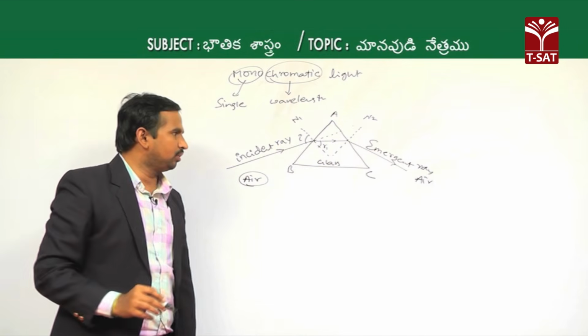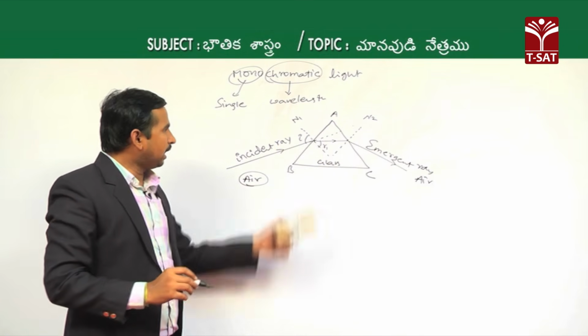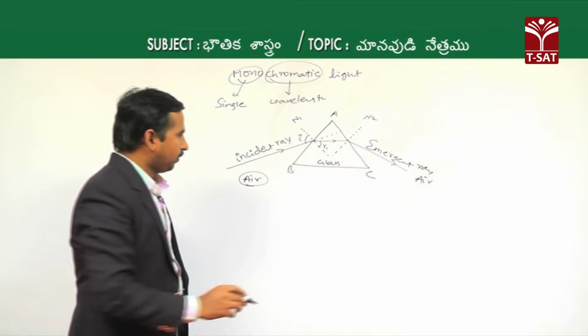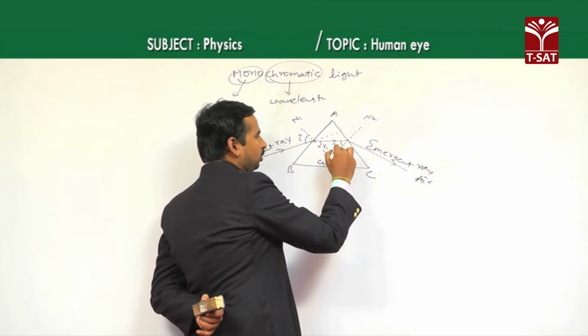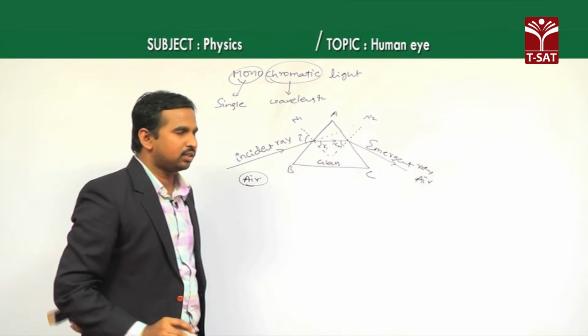So we got normal N1 and normal N2, the angle of incidence, and the angle of refraction, let it be R2, which is the angle of incidence at the second surface.